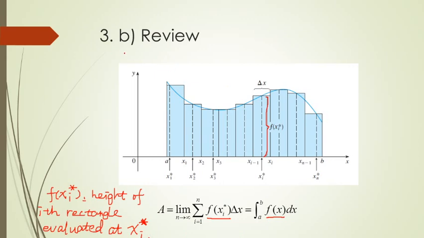Now let's check the volume. We estimate the volume of the sweet potato by the sum of the n slabs' volume, A(xi star) times delta x, right? And similarly, we can define the volume as the limit when n approaches infinity.